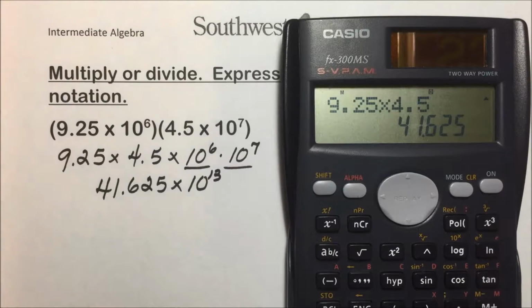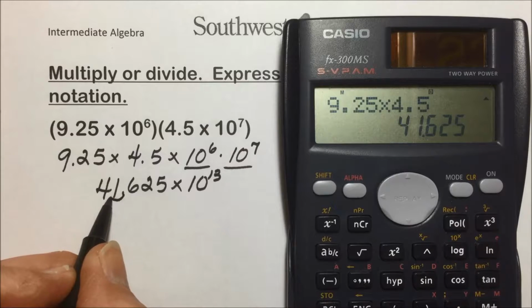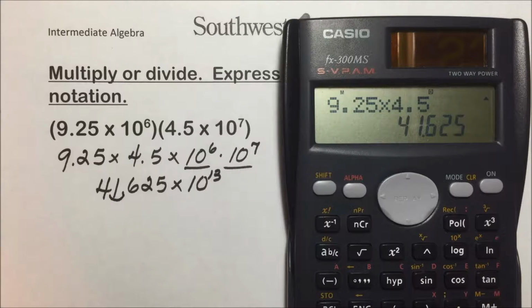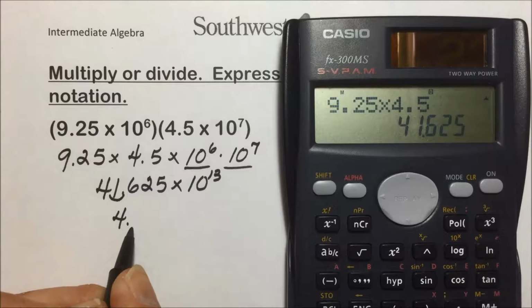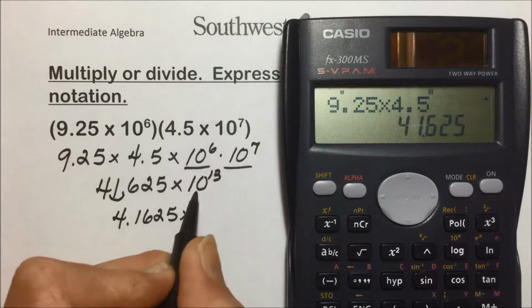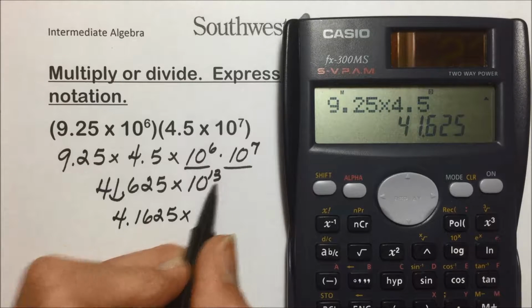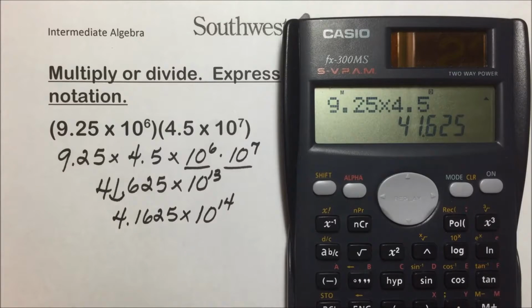And this isn't in true scientific notation because we have two digits to the left. So we're going to have one more power of 10 added on. So our final answer could be 4.1625 times 10 to the 13th plus another power of 10, or 10 to the 14th.